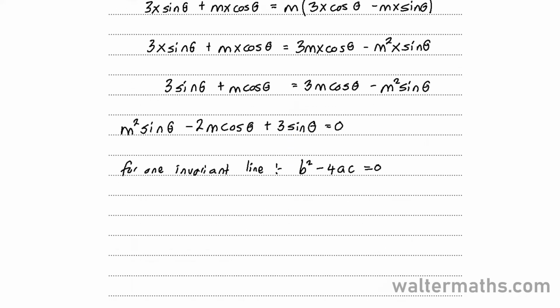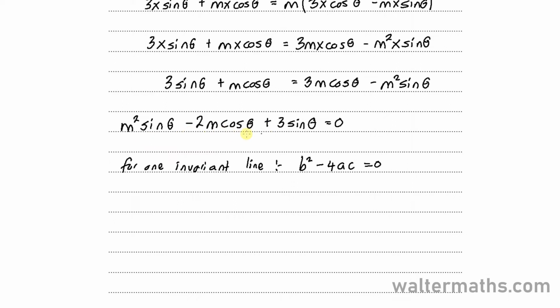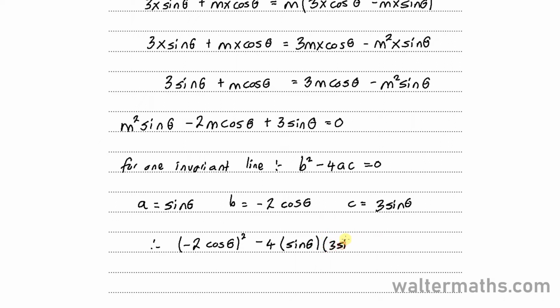So here we can take this to be a quadratic equation where the coefficients are a is sine theta, b is minus 2 cos theta, and c is the 3 sine theta itself. So for b squared minus 4ac, we'll be having minus 2 cos theta squared minus 4 of sine theta and 3 sine theta, and that's equal to 0.